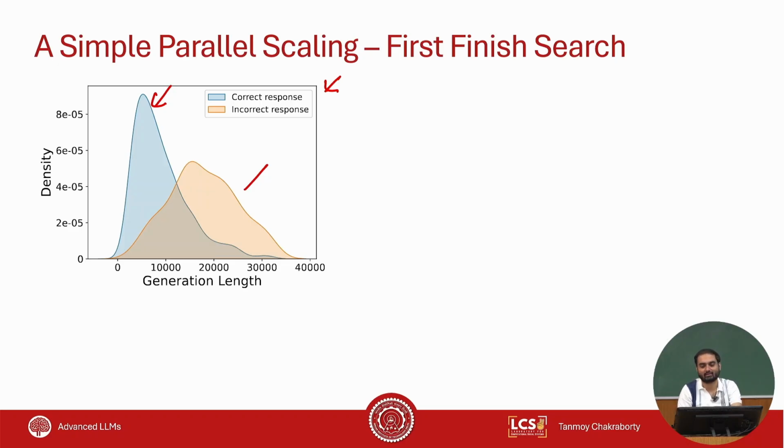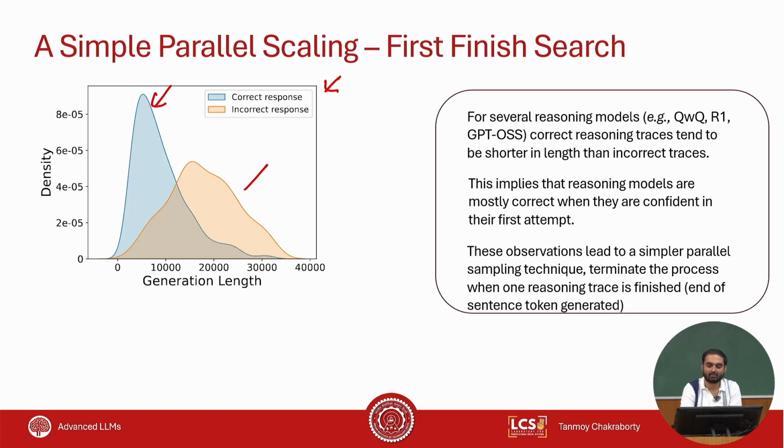Now the heuristics was that the reasoning trace which has the lowest length would be the correct one. Now what is the intuition behind this? Think of an oracle model, the model who knows everything, and which always produces the correct answer, it never produces a wrong answer.